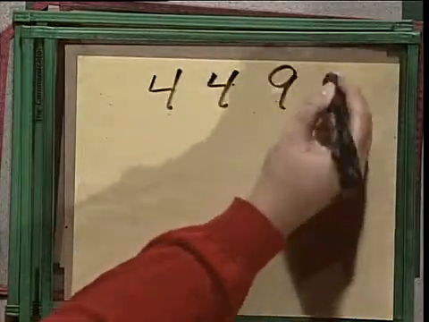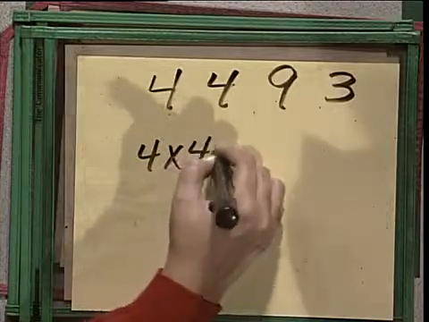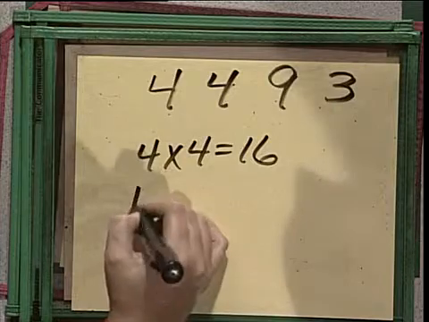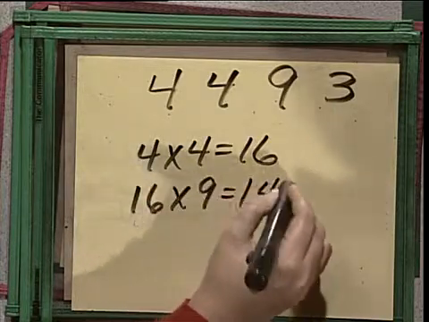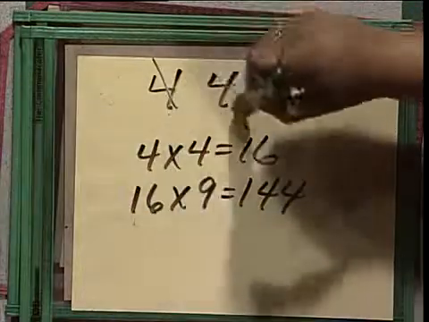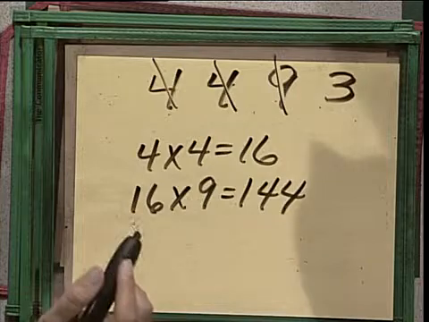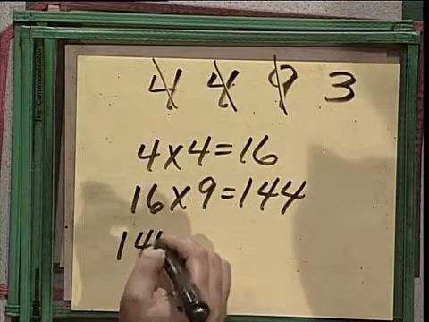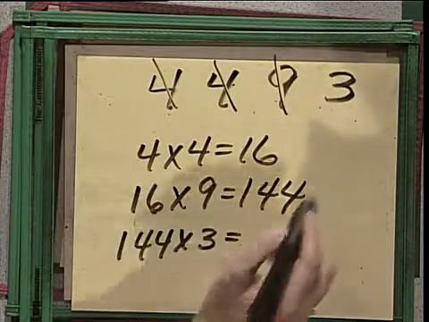4 times 4 equals 16. Times 9 equals 144. 144 times 3 equals 432. Okay, you're out of numbers here. So Abigail, remember you're trying to get the number 24.